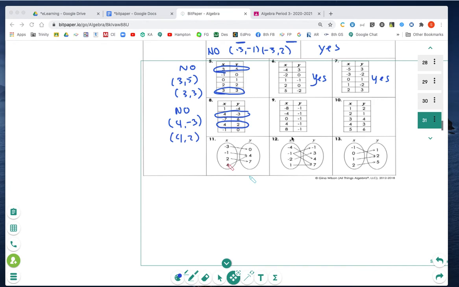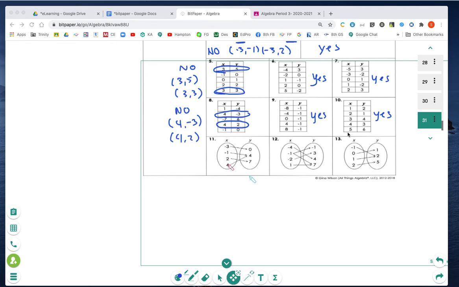Next one, number 9. Do I have any x values that repeat or match? I do not, so yes, it is a function. Number 10. Any x values that repeat? I do not. Yes, it is a function.